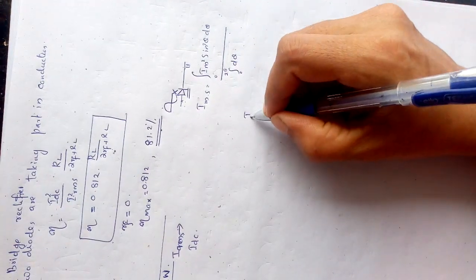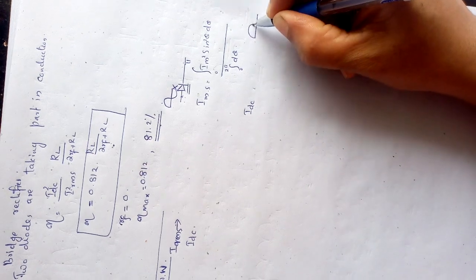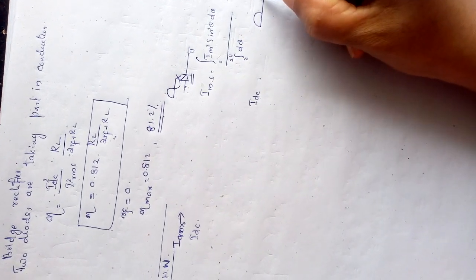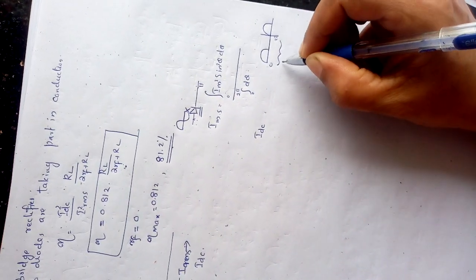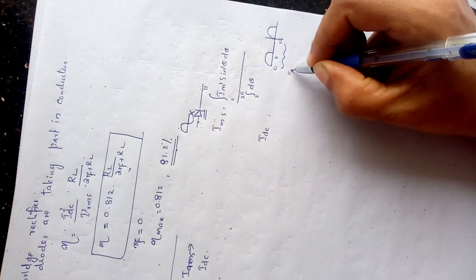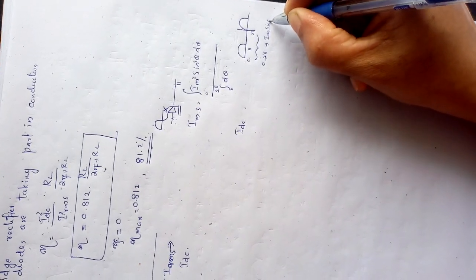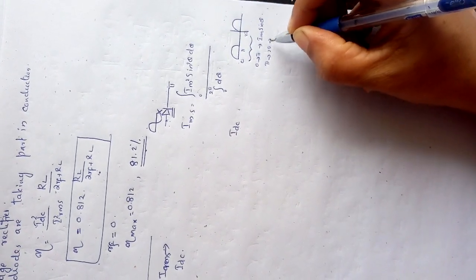Then IDC also has a change, because of the output waveform. The wave repeats after 2 pi, but you have to split this integral into two parts. From 0 to pi the value is Im sin theta, but from pi to 2 pi the value is 0.